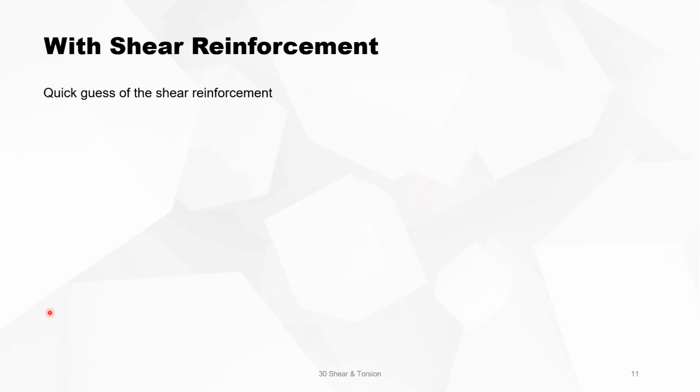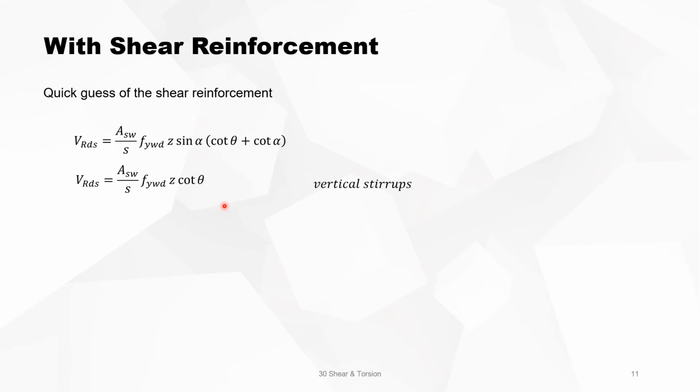You can have a quick guess of the shear reinforcement when you need the diameter, for instance, and you can do it as follows. We know that VRDS is given by this formula. For vertical stirrups, which is most of the time the case, it means that sine alpha is 1 and cotangent alpha is 0.